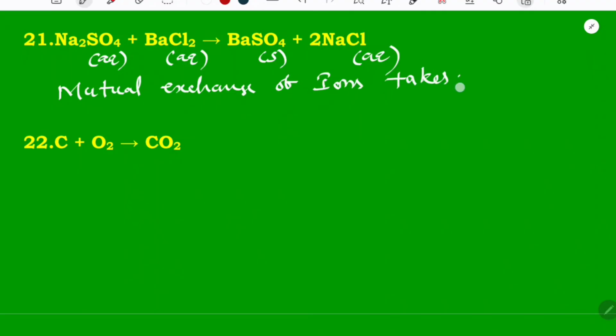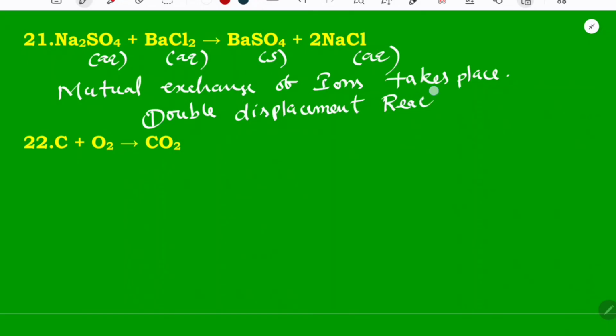Mutual exchange of ions takes place, that's why this reaction is a double displacement reaction. Clear? Good. Next. We already discussed that sometimes double displacement reactions are redox reactions, but we can discuss that later.